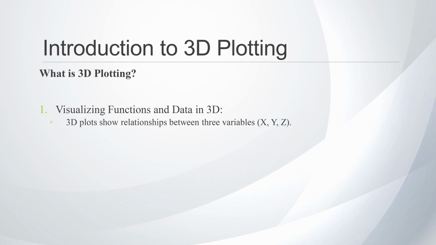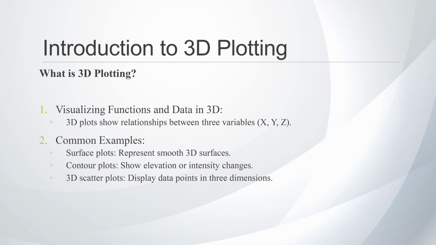3D plotting is used to visualize functions and datasets in three-dimensional space. Unlike 2D plots, which use only X and Y axis, 3D plots add a Z axis, making the data more detailed and realistic.